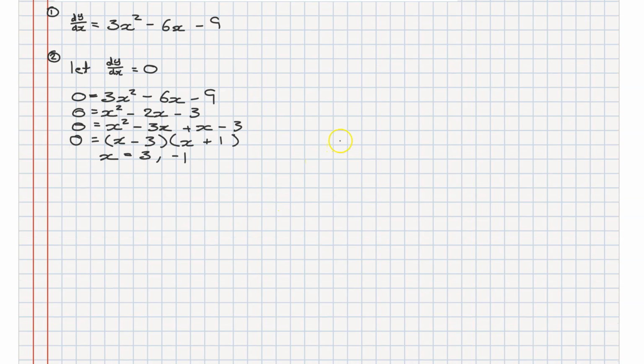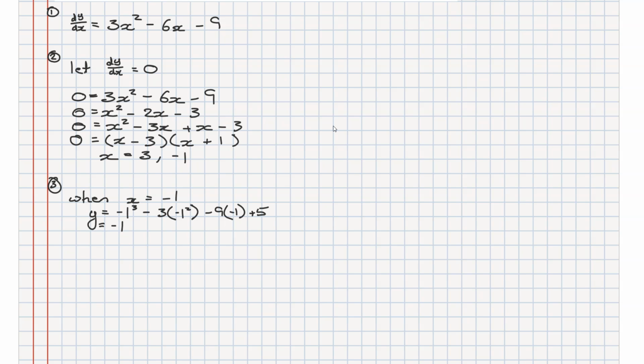Awesome. Now to find the points, when x equals negative 1, y equals negative 1 cubed minus 3 times negative 1 squared minus 9 times negative 1 plus 5.